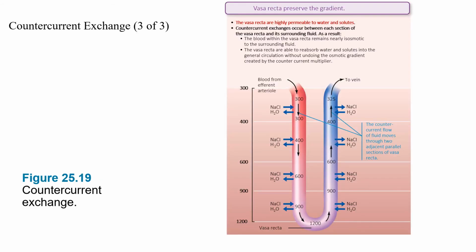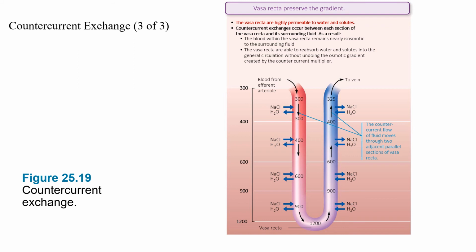So when you look at this, remember that the vasa recta is highly permeable to water and solutes. There is a countercurrent exchange. The blood within the vasa recta remains nearly isosmotic to the surrounding fluid. Notice the numbers inside.